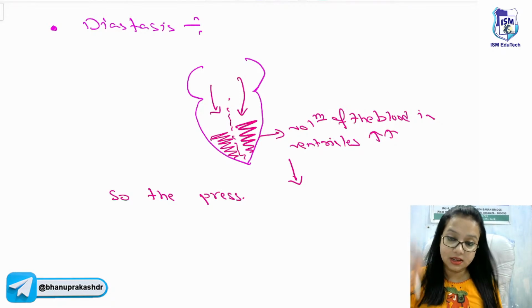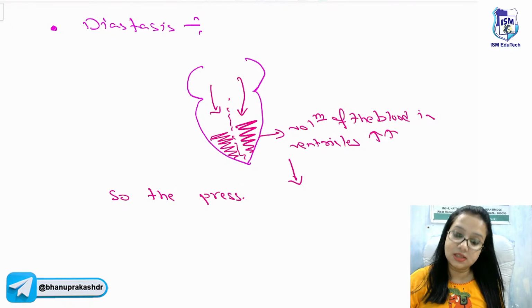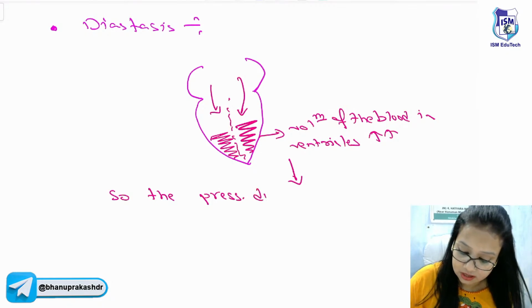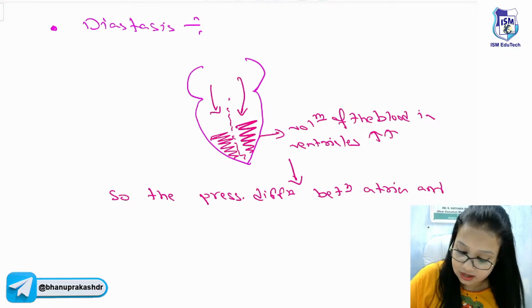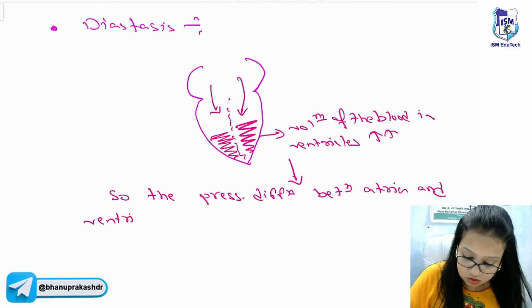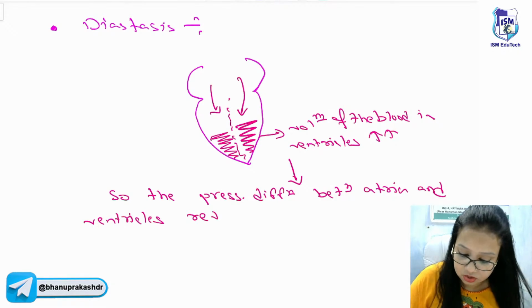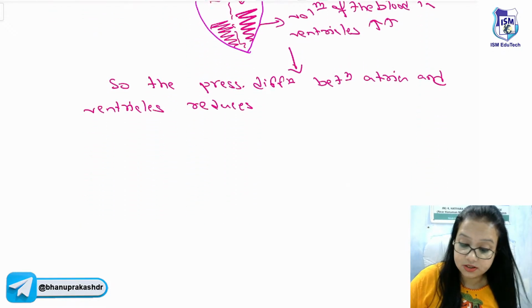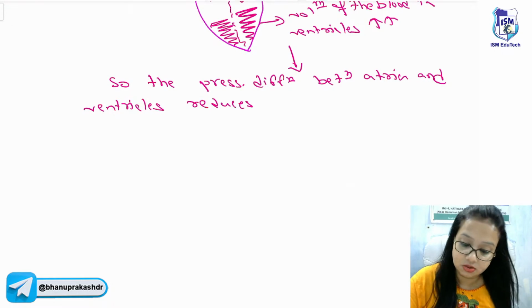So atria is dropping in pressure and the pressure is increasing in the ventricle. So the pressure difference between atria and ventricles reduces because now the ventricles are having more pressure due to filling.